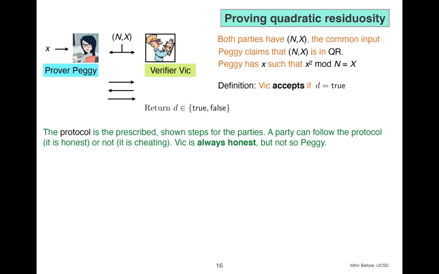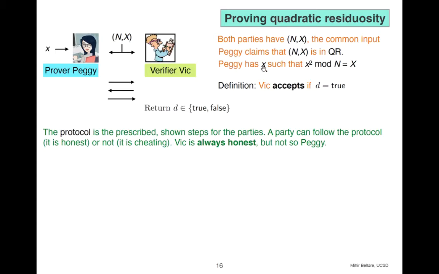So what is our goal here? It's to enable Peggy to prove quadratic residuosity. What that means is that these parties both have as input a pair n and x, modulus, and some big X in Zn star. And Peggy is claiming that this pair actually is in the language of quadratic residues, meaning big X is a square mod n. She has evidence for that.